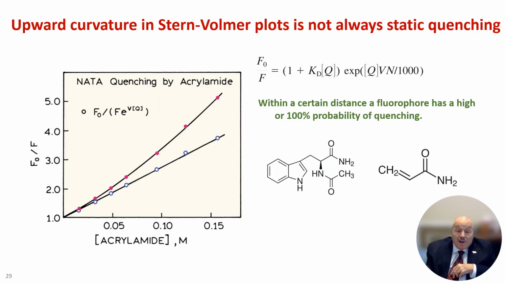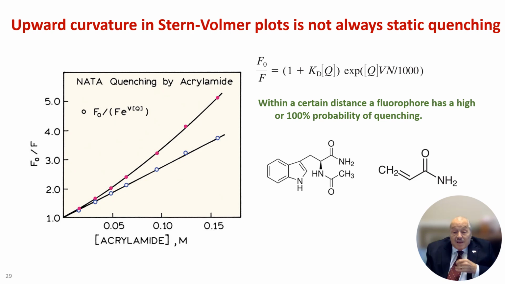So we can find that for a case of NATA, the neutral derivative of tryptophan, quenched by acrylamide. You can have an upward curve which you could analyze in terms of the static and dynamic quenching, but there's another way to analyze it, which, in molecular terms, is more correct, which is a quenching equation that accounts for a fluorophore having a quencher within its sphere of action where there's a high probability of quenching.